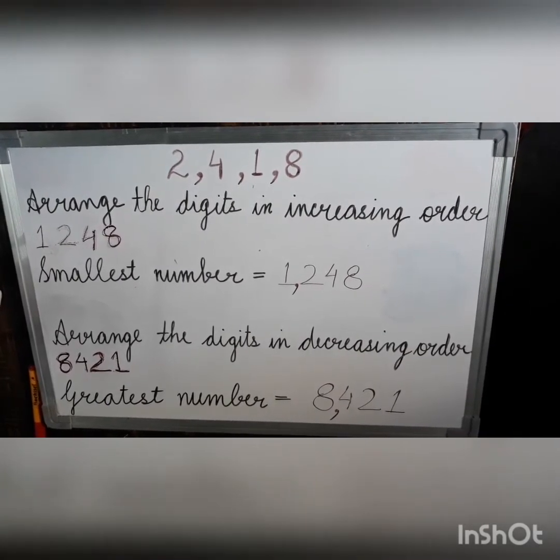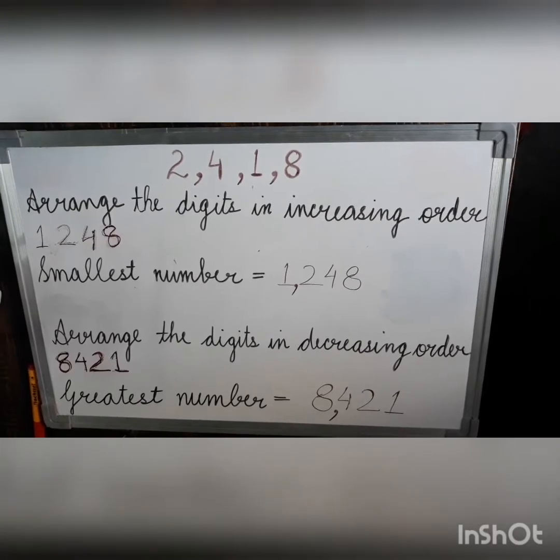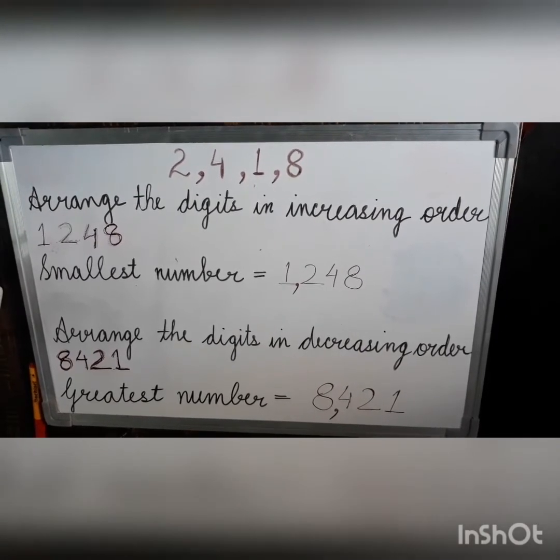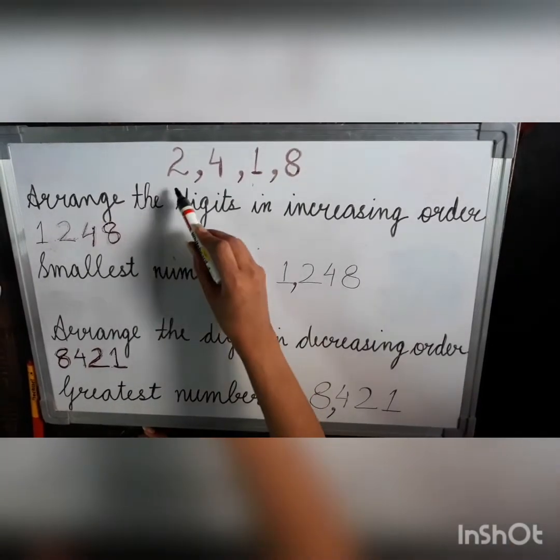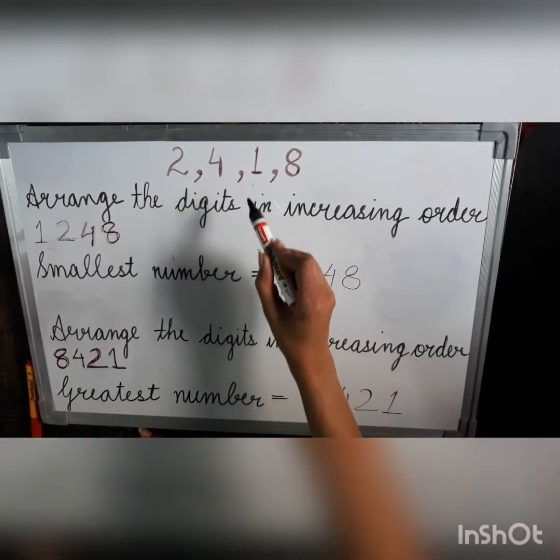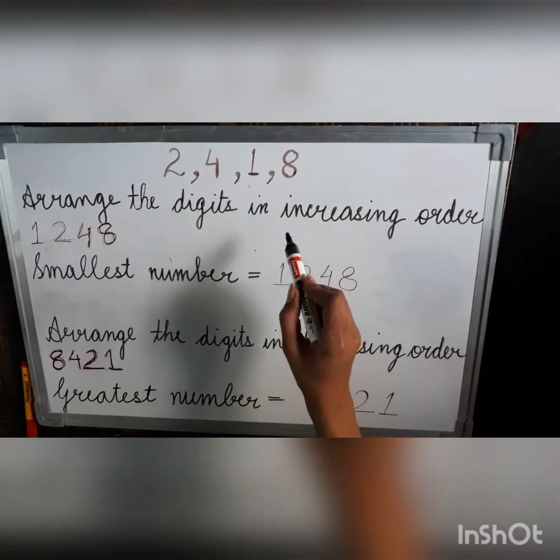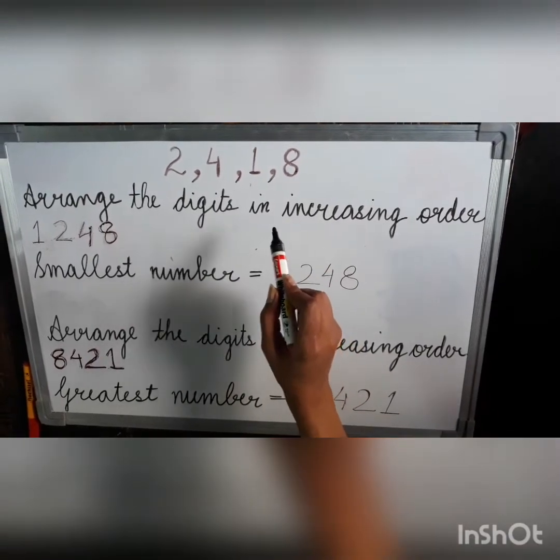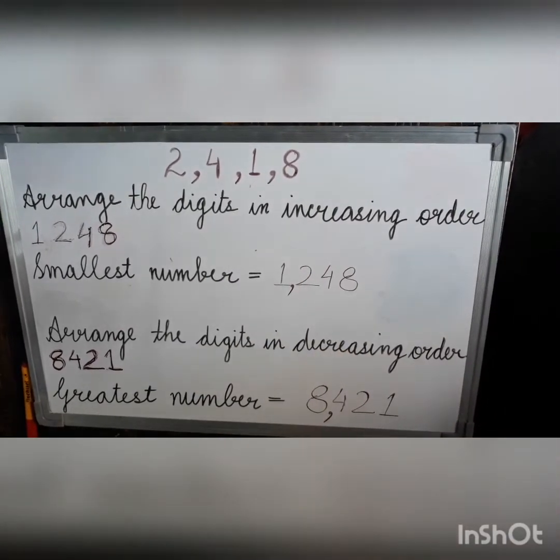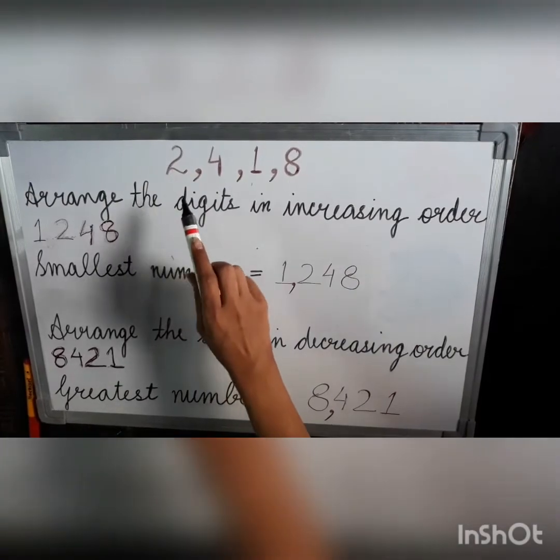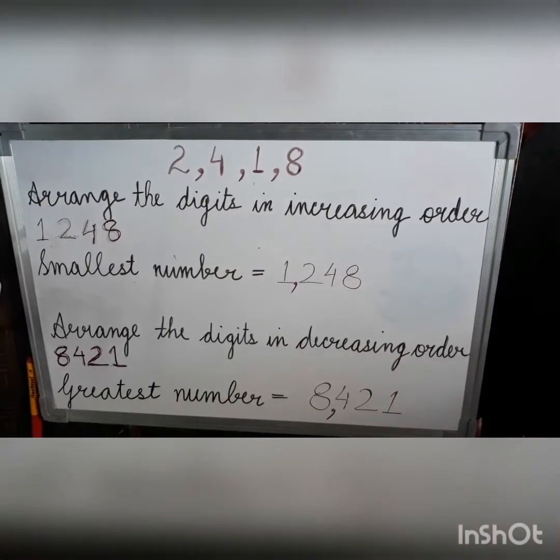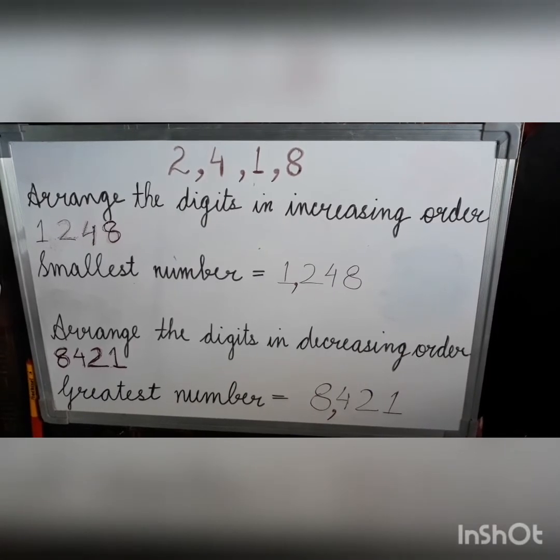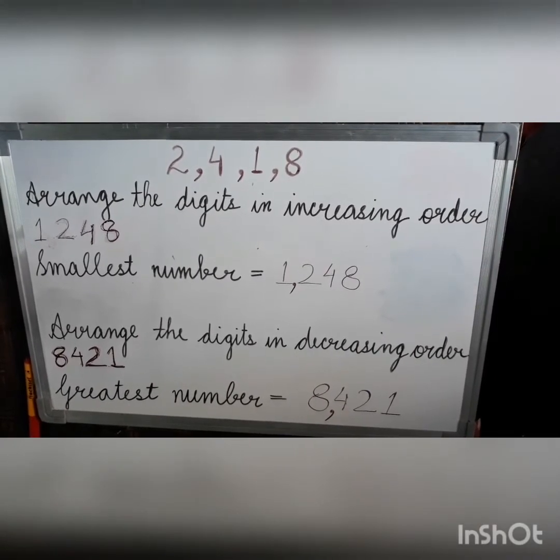First we have selected 4 digits, and these 4 digits are 2, 4, 1 and 8. How can we form the smallest 4-digit number from it?